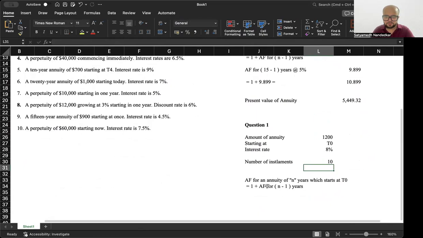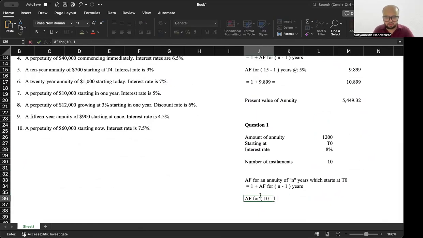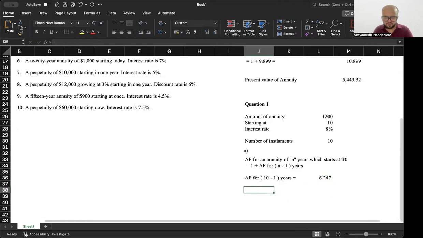So annuity factor for 10 minus 1 years is how much? 1 minus 1 plus r raised to minus n, which is minus 9, upon r. 6.247.